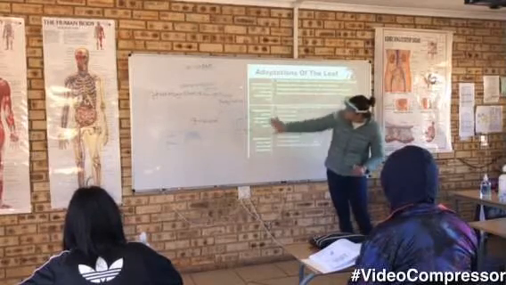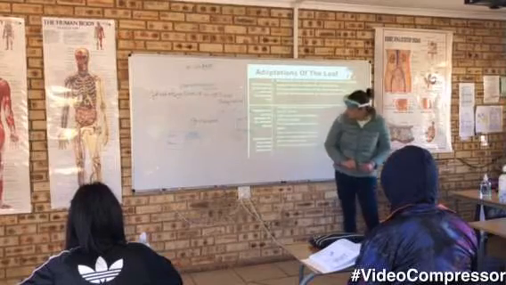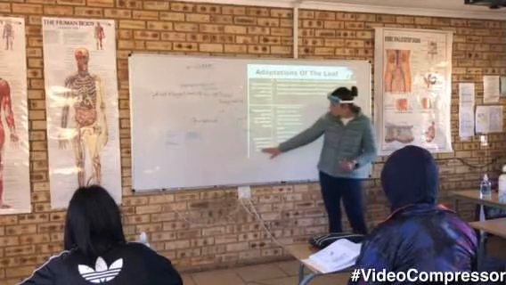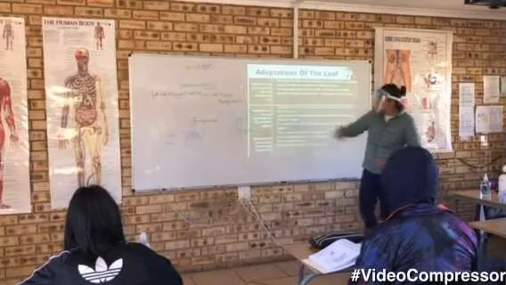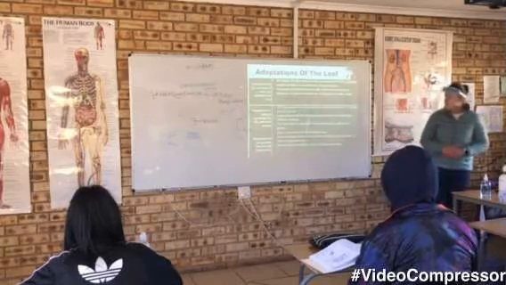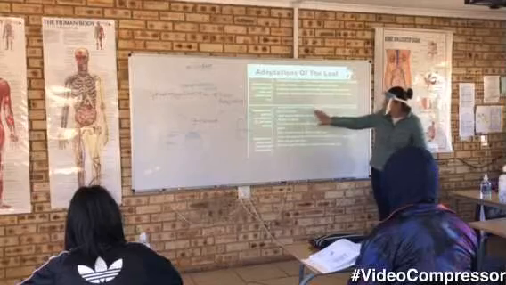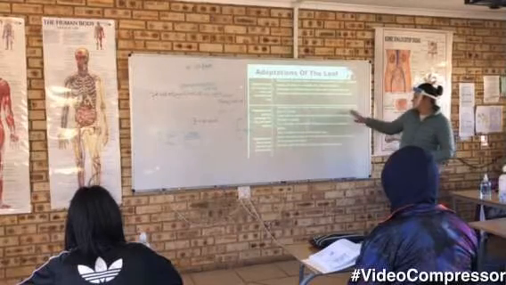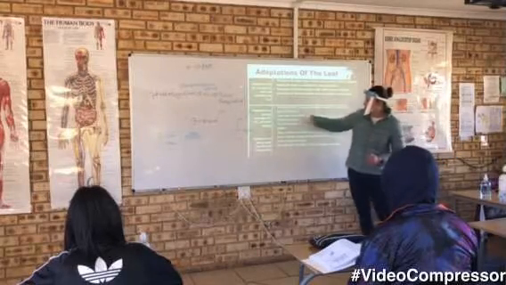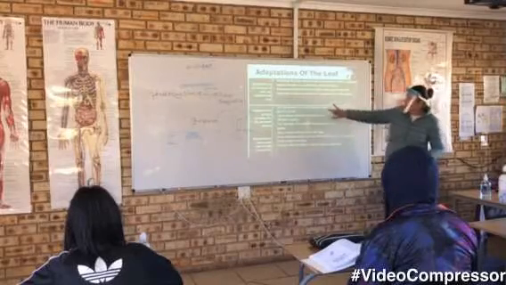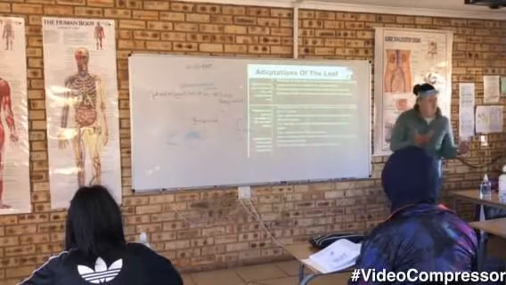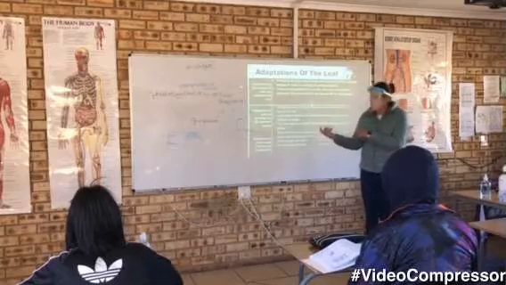The last adaptation, guys, is gas exchange and adaptation for transpiration. For gas exchange, we know that the stomata are present on the upper and lower surface, more on the lower surface though. Okay? There's a great number of stomata on the lower surface to allow for oxygen to enter and carbon dioxide to exit, or vice versa. Remember, carbon dioxide will enter for photosynthesis, and oxygen will exit during photosynthesis.